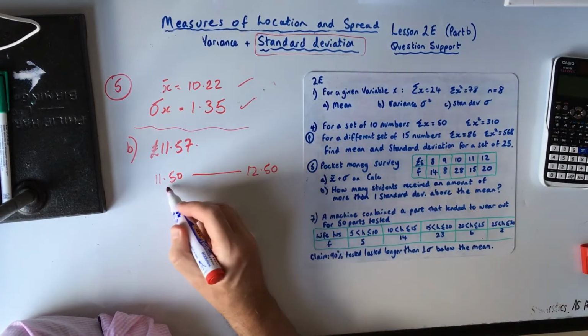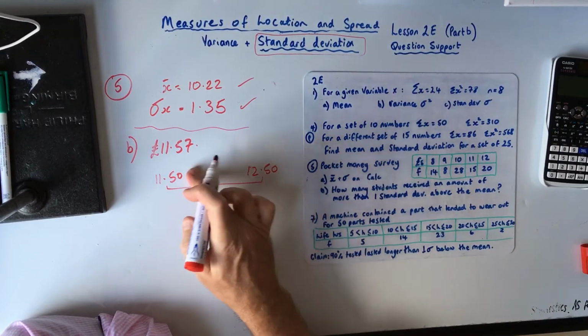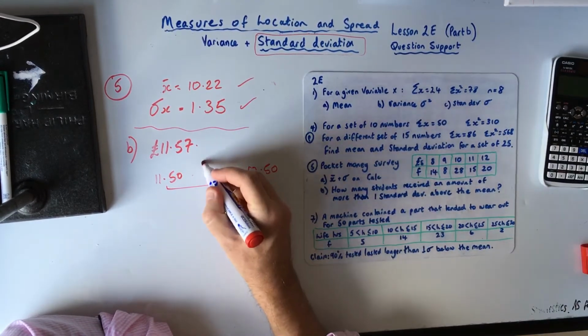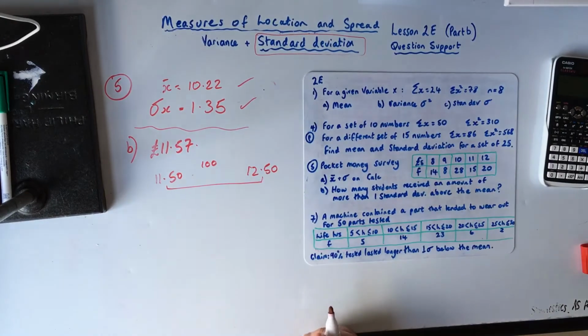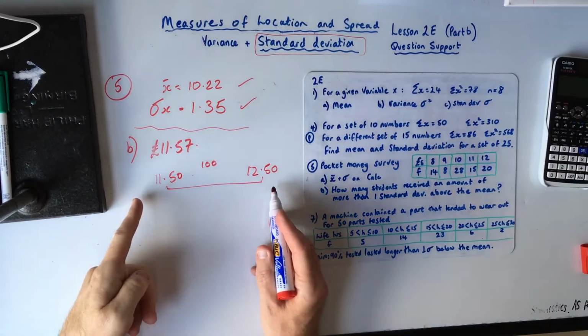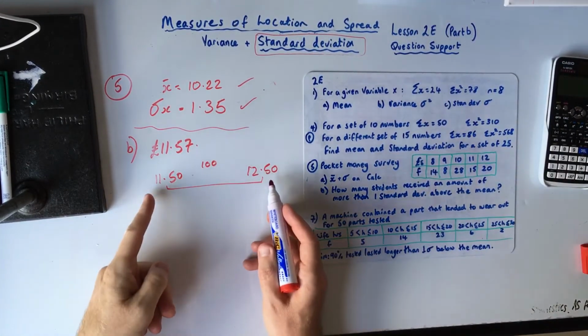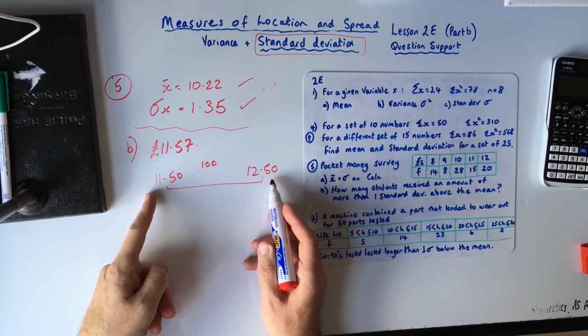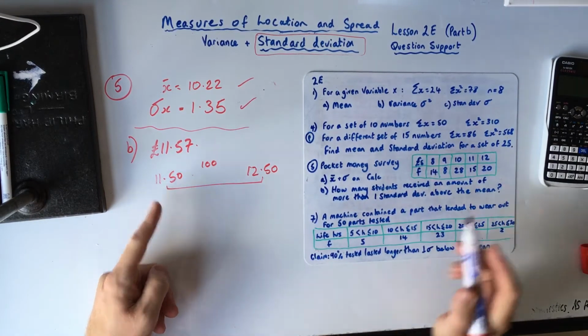That's that group, okay? In other words, there's 100 pence in that group. So that's the width of the group, a class width of 100 pence, and there are 20 in it.